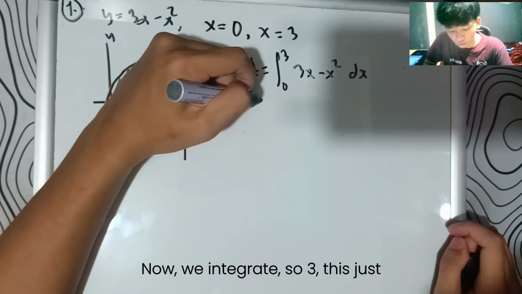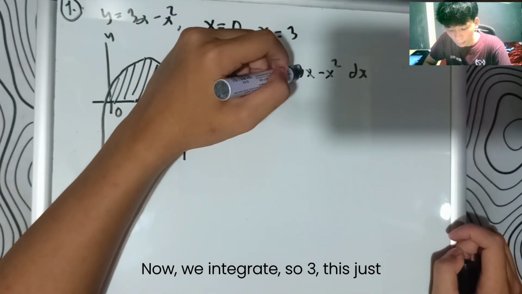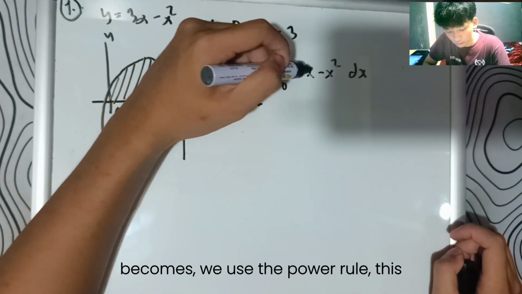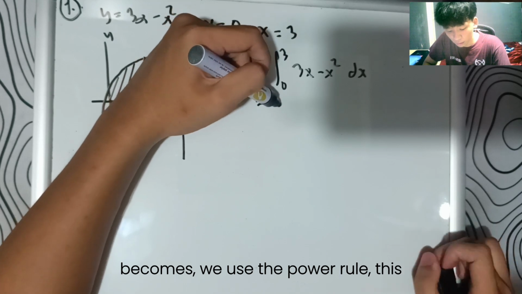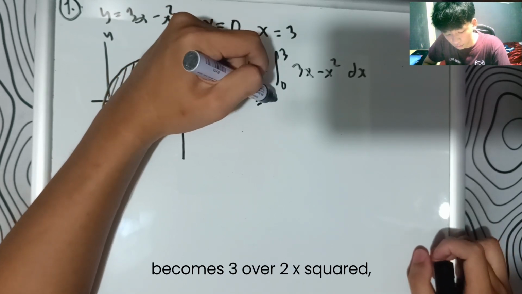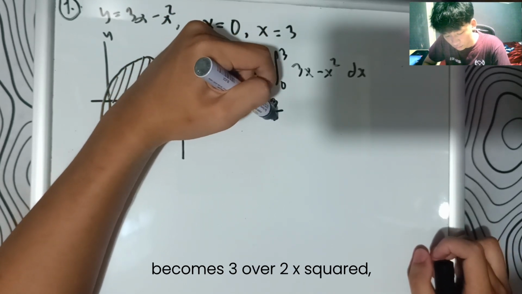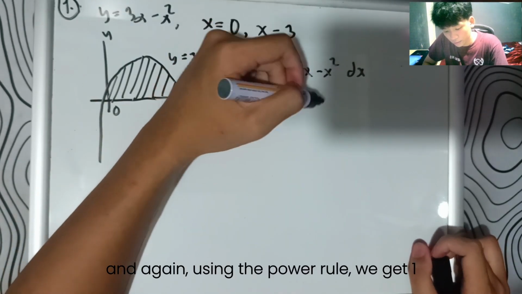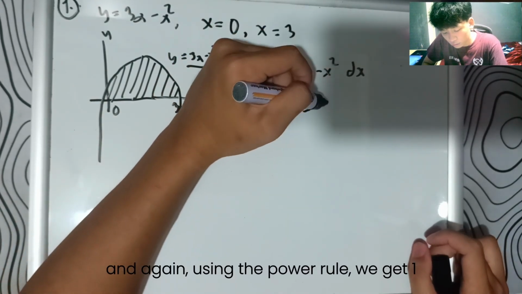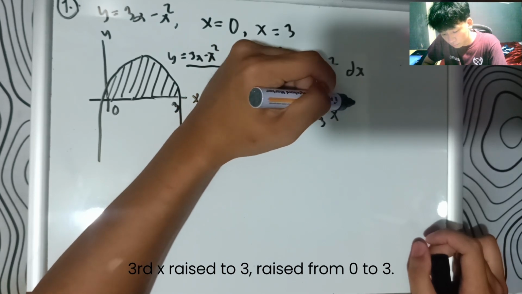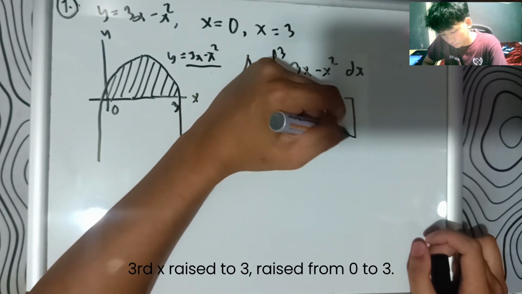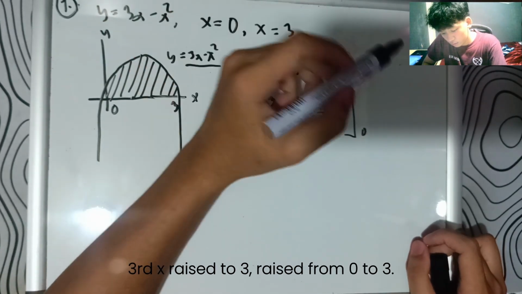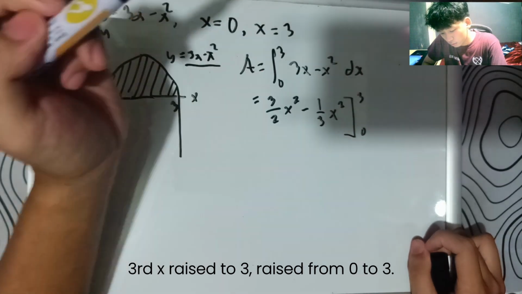Now we integrate. Using the power rule, 3x becomes 3 over 2 x squared, and again using the power rule, we get 1/3 x cubed, evaluated from 0 to 3.